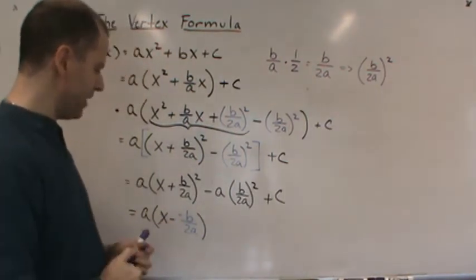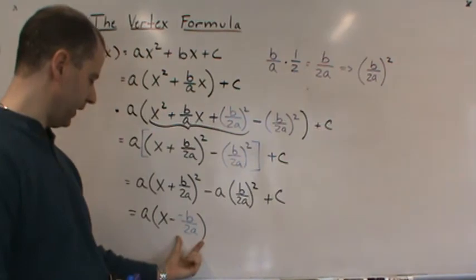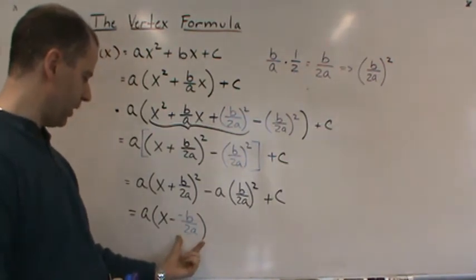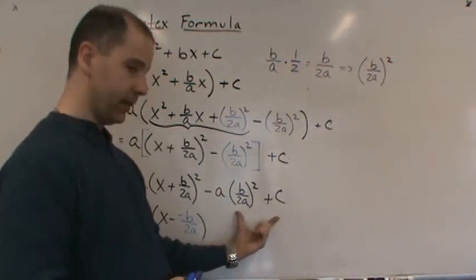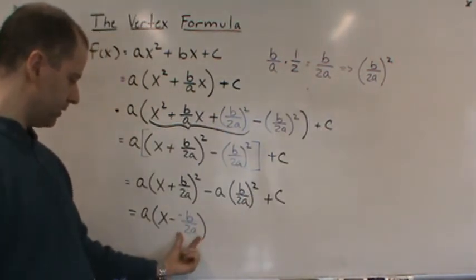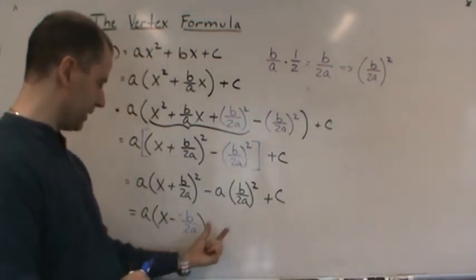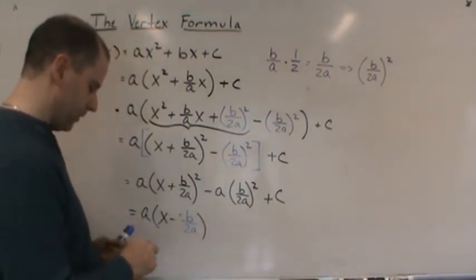Now, the rest of this is going to be the h, right? So this is our h. This is going to be our k value. This is the h value of our vertex, right? This is k. Or if you want, this is x and y for our vertex.